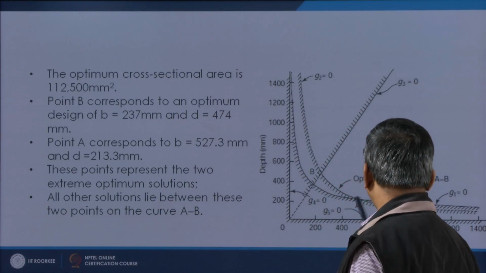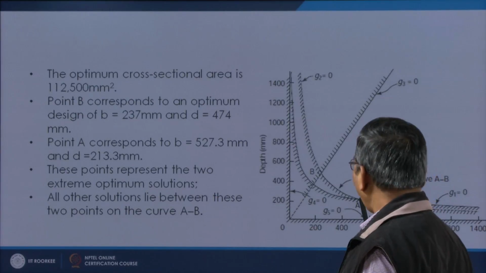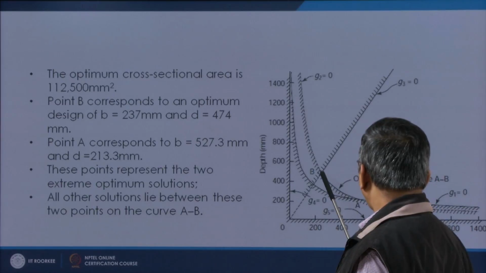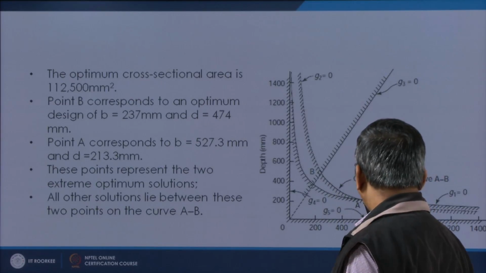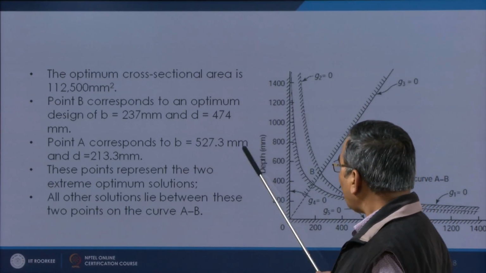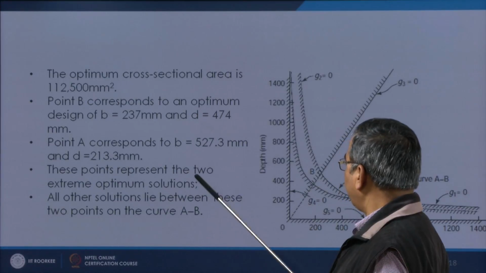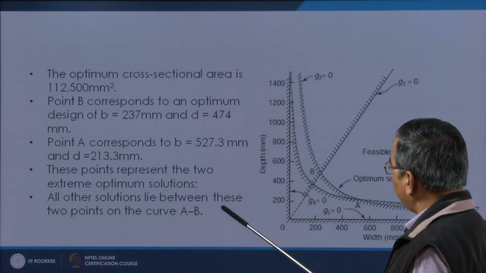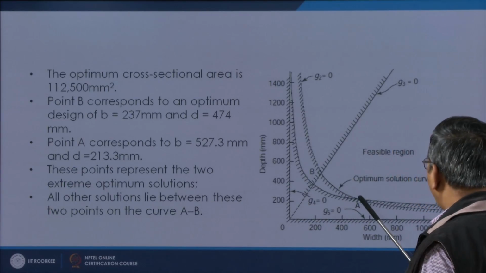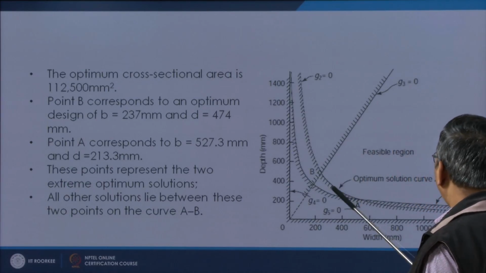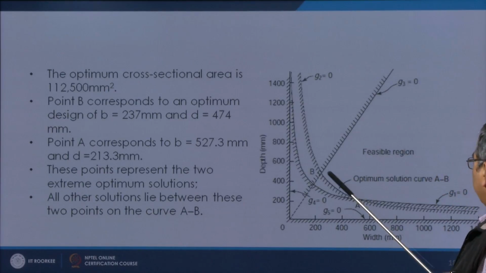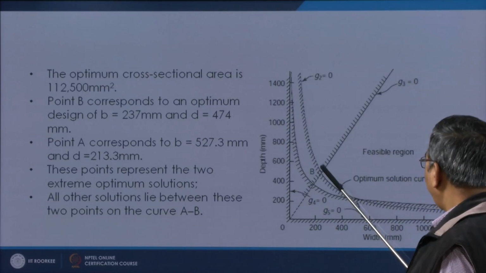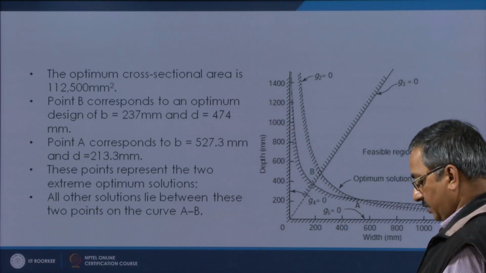Similarly, we can find out the other value A, which is the intersection of these constraints. These points represent the two extreme optimal solutions, and all other solutions lie between these two points A and B of the curve. This is how we can find the optimal solution.